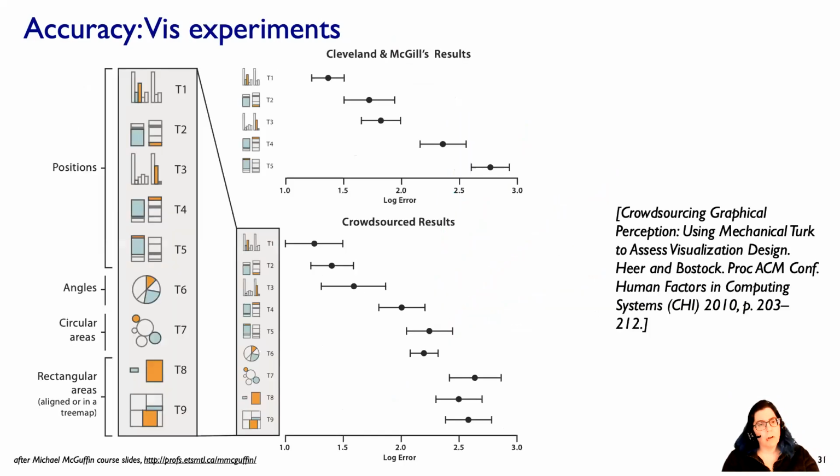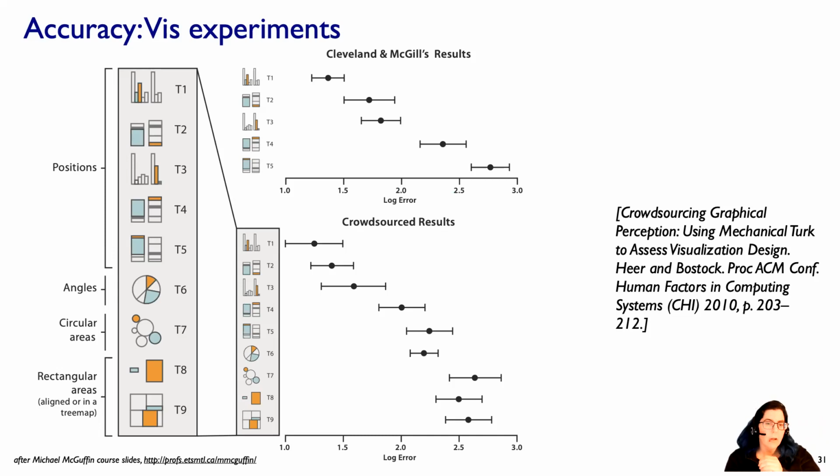And then people have also done experiments literally of looking at different visual encodings and measuring. In this case, some really fundamental work from Cleveland and McGill was how do people respond to things like bar charts, pie charts.